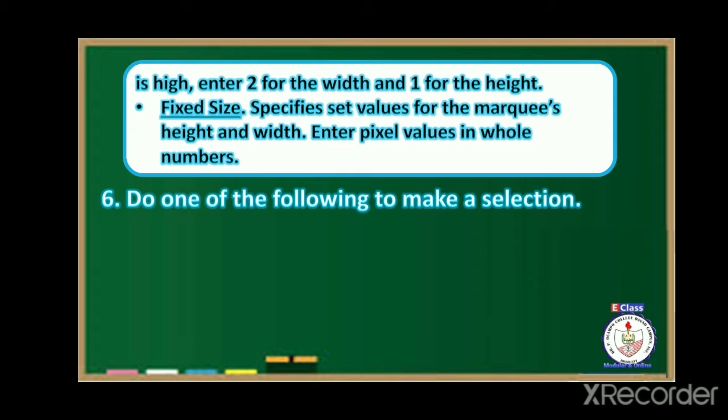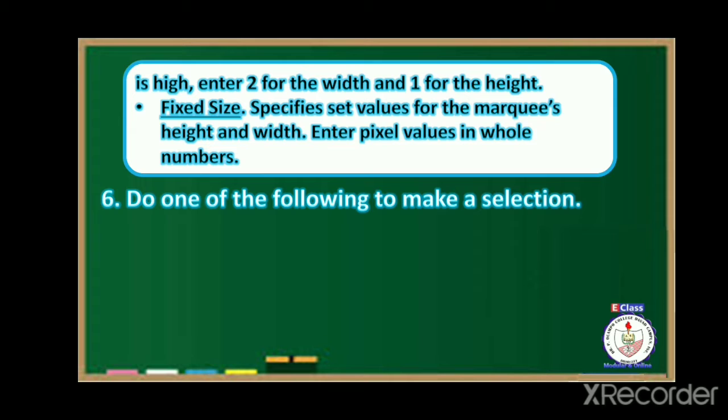Six, do one of the following to make the selection. With the rectangular marquee tool or elliptical marquee tool, drag over the area you want to select. Hold down the Shift key as you drag to constrain the marquee to a square or circle, and release the mouse button before you release the key.